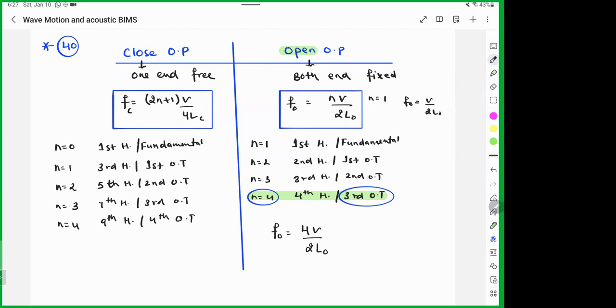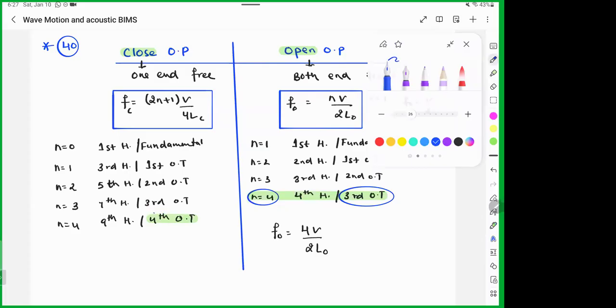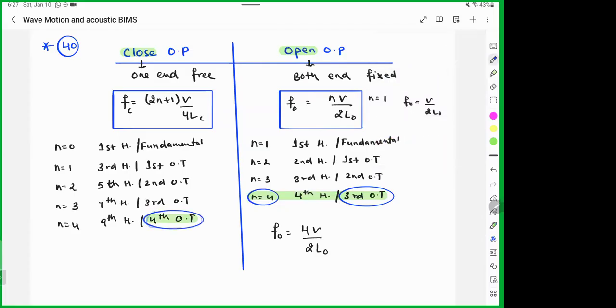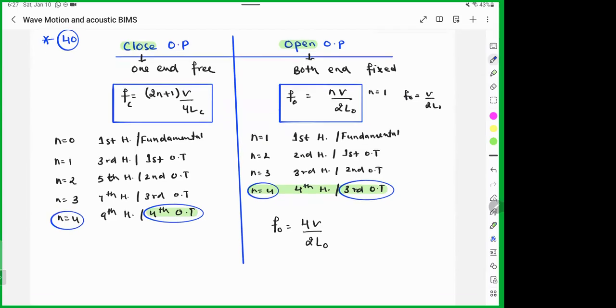Now come to the question. The question given is, in a closed organ pipe, you have the fourth overtone. What you should understand from this is that your n value is 4.